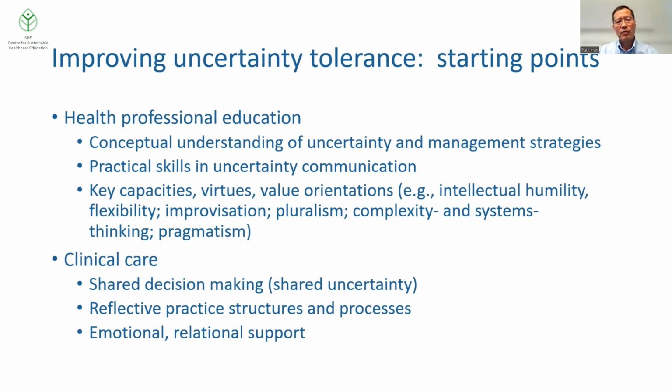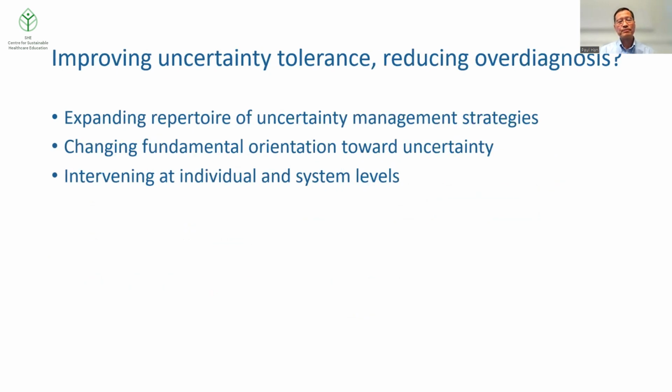But also, are there ways that we can rethink structures and processes of care that actually encourage reflective practice and that help people acknowledge and normalize uncertainty and get away from this culture of shame and blame that people have pointed out? And I think that also means trying to build structures and processes for provision of emotional and relational support.